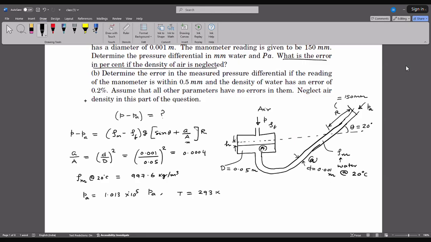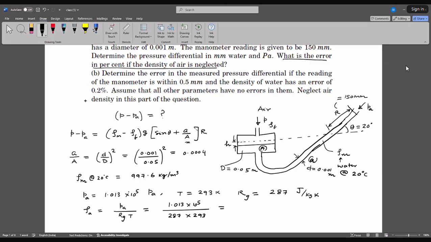And for air, R is 287 joule per kg Kelvin. So with all these three pieces of information, we can find density of air. Density of air is PA over the gas constant times temperature. Pressure is 1.013 into 10 to the power 5 divided by gas constant 287 times temperature 293.